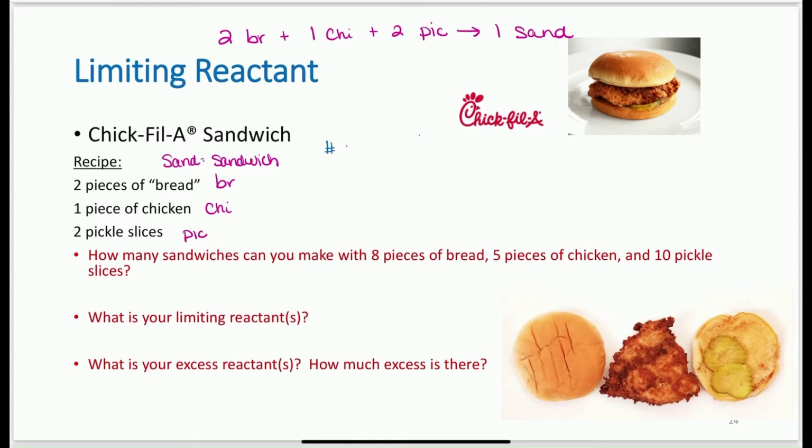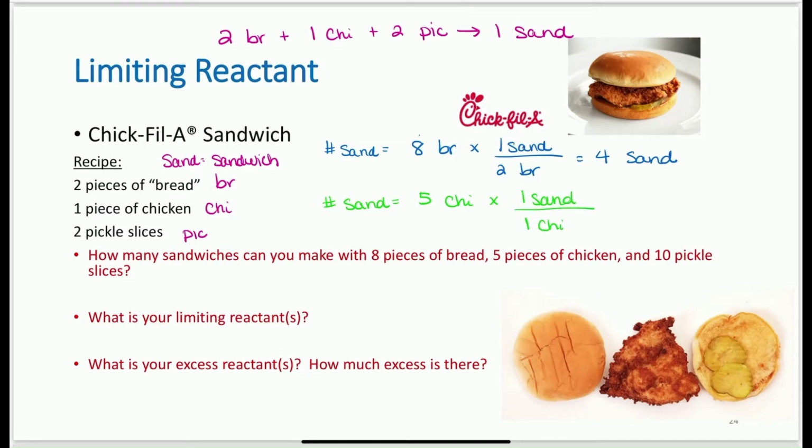So the number of sandwiches, knowing I have 8 pieces of bread. Convert this to sandwiches. Every 1 sandwich takes 2 pieces of bread. This makes 4 sandwiches. Number of sandwiches based on my chicken. I have 5 pieces of chicken. 1 sandwich contains 1 piece of chicken.